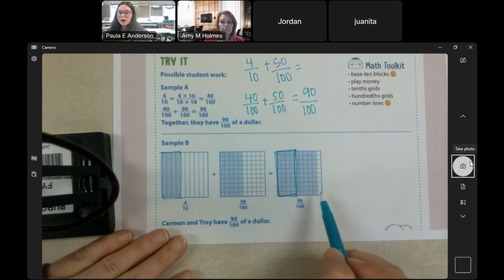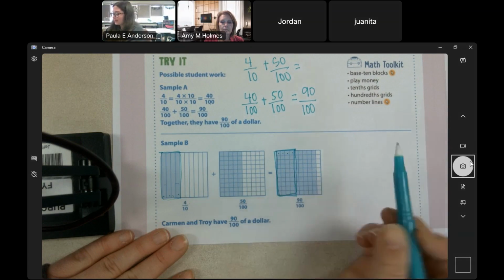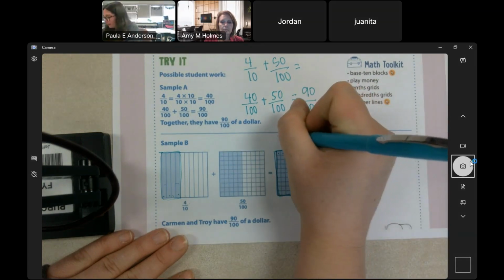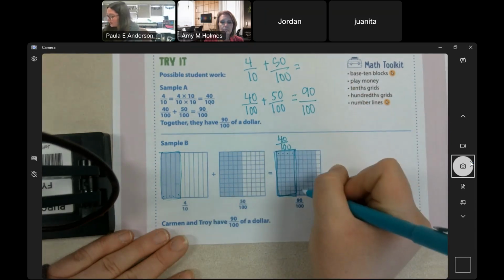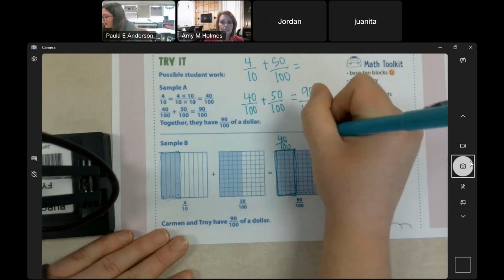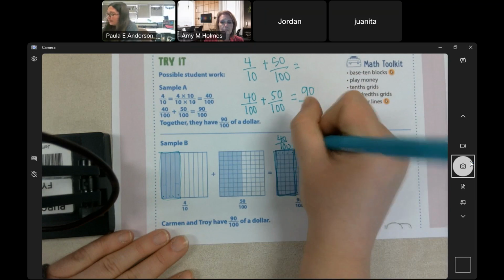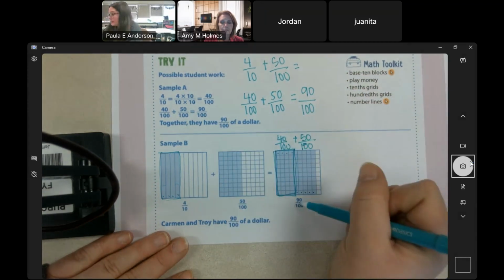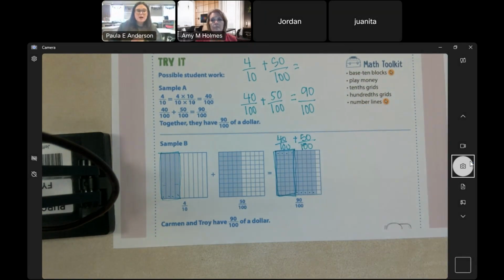They just did it in a model. So they knew that these 4 strips right here were equivalent to these 4 strips. And then this was the 40 hundredths. And then they knew they had the 50 hundredths. So let's see, 1, 2, 3, 4, 5 right here. So they knew that the 40 hundredths plus the 50 hundredths were the 90 hundredths. So again, just changing those tenths to hundredths and then adding those together.